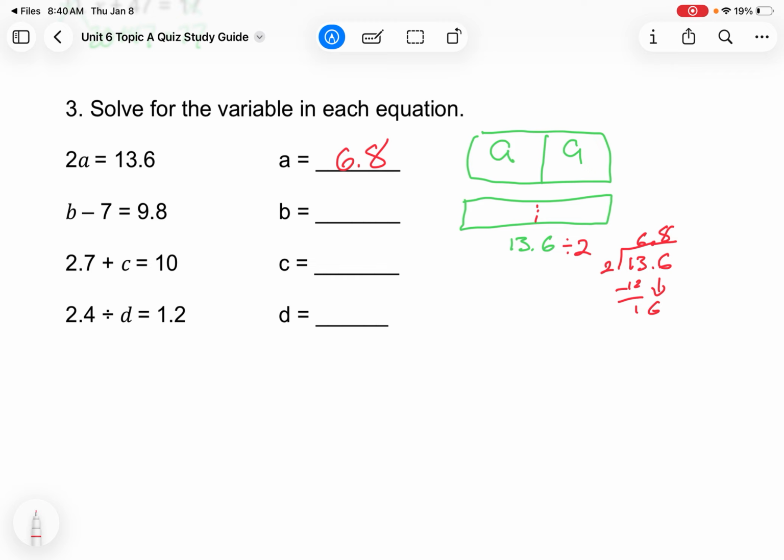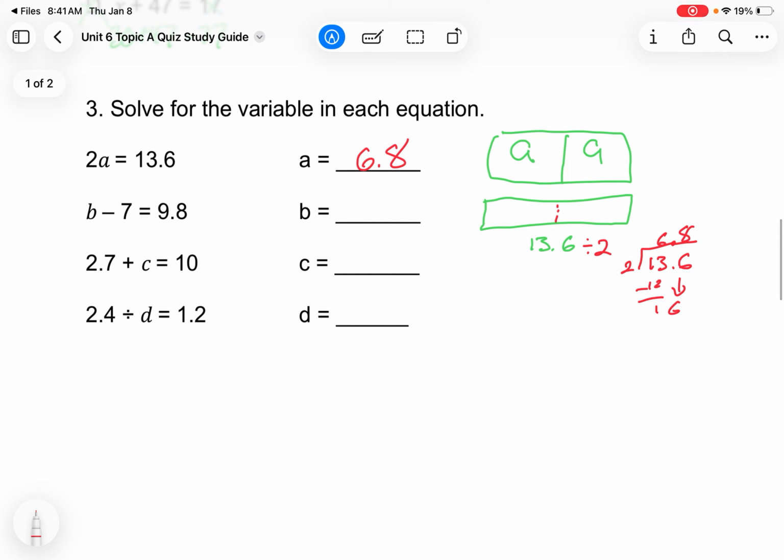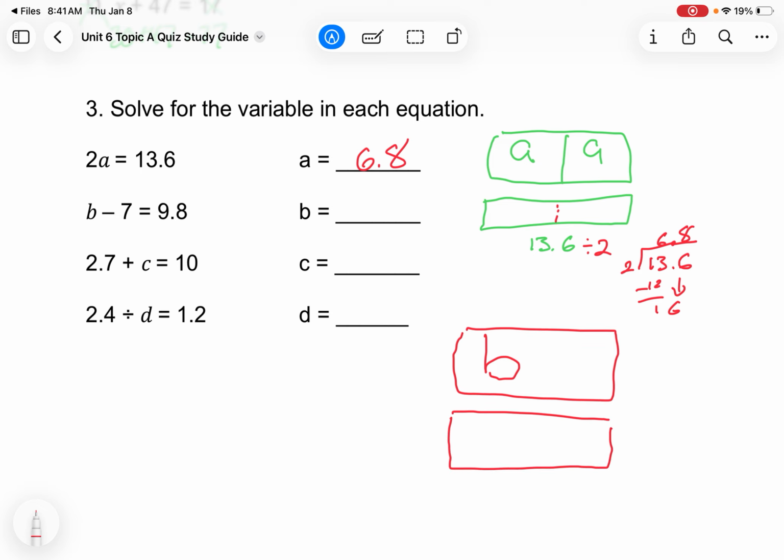And then for the second one. B minus 7 is 9.8.